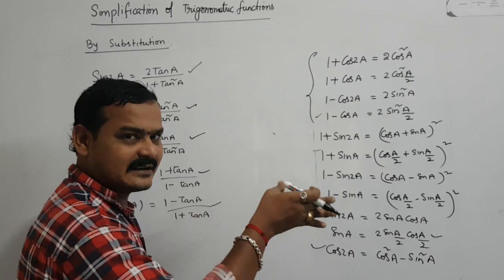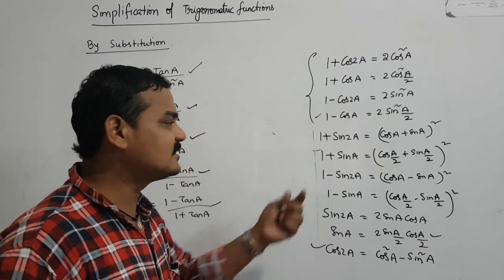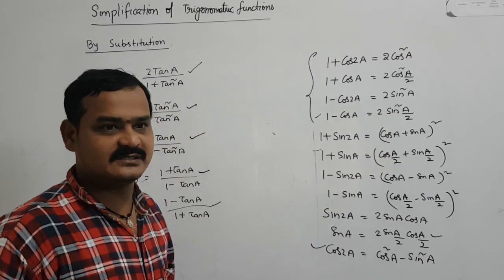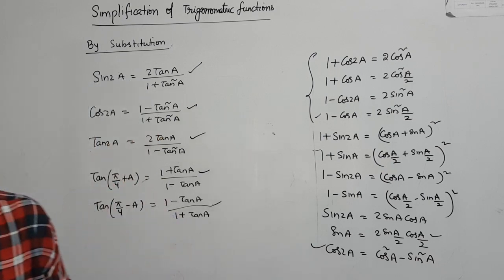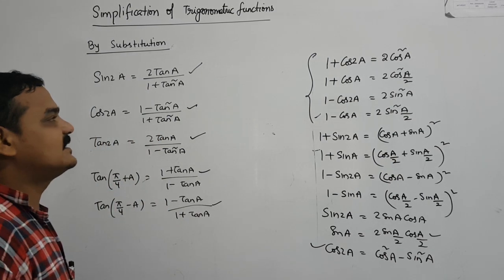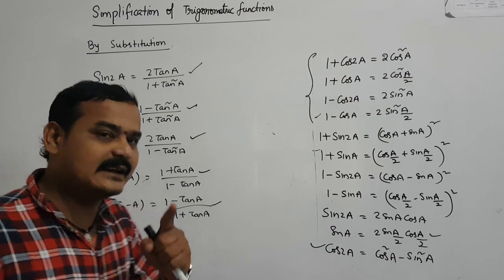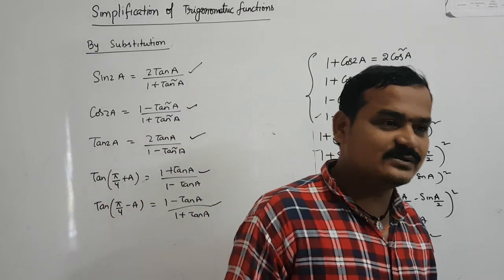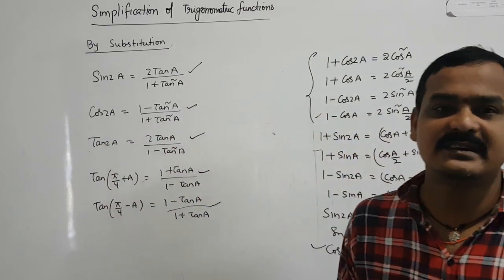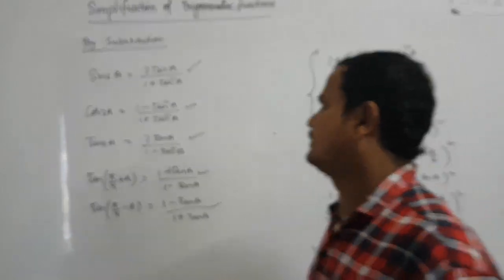Sin 2a does not come repeatedly, but sometimes it will come. According to the problem you need to substitute. So while simplifying the problem, your first preference is tan a, the second preference is cos 2a, and the third is according to the problem.